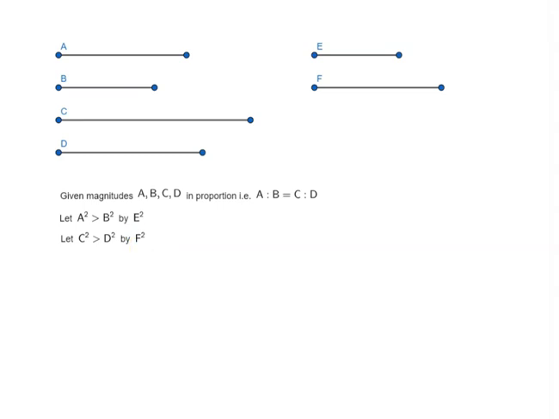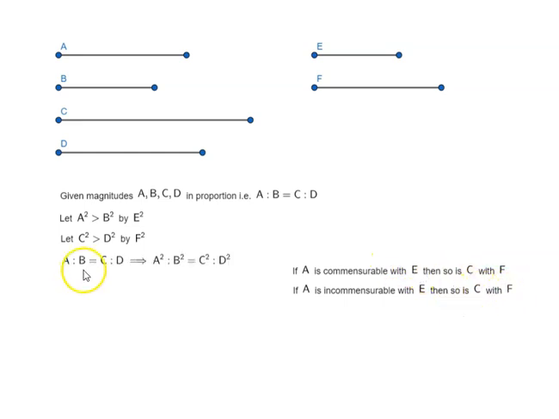Now, what do we have to prove? We have to prove that if A is commensurable with E, then so is C with F. And if A is incommensurable with E, then so is C with F.